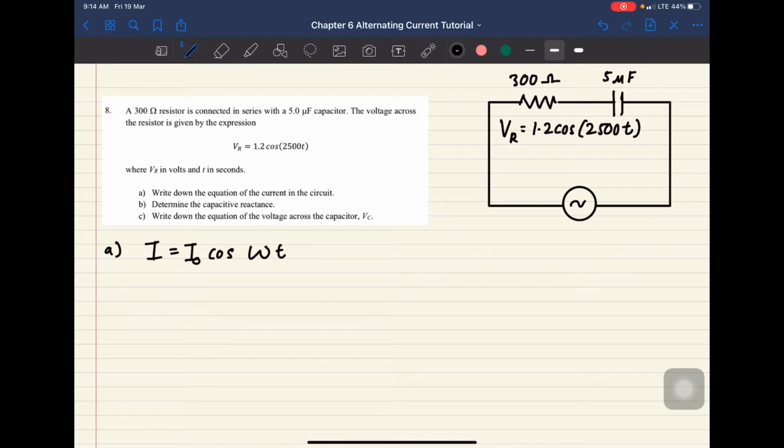You know that current and voltage will always be in phase, so it is best to use the same type of graph. If I were to draw, you will expect the voltage to be a cos graph and the current to be like this as well, because it is in phase across the resistor.